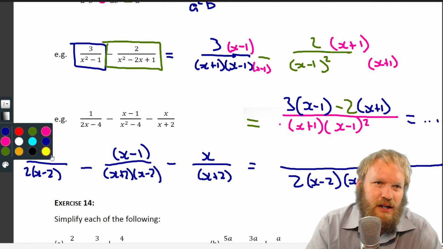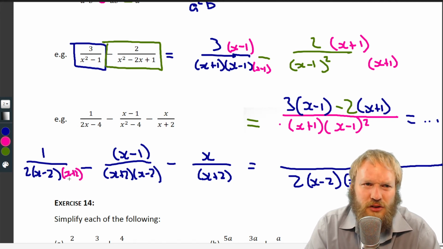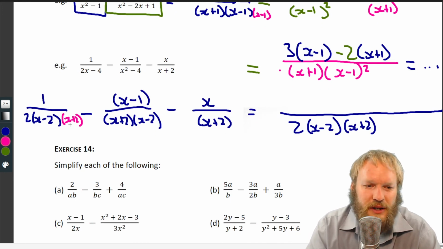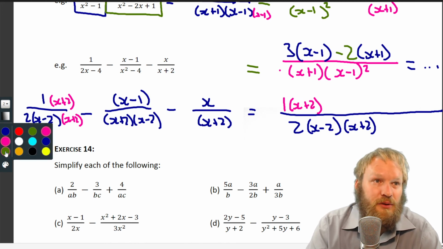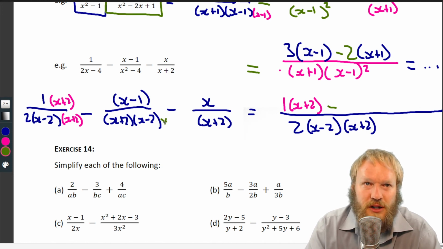So now we kind of go through this and go, okay, well, 2x minus 2, we still need to multiply this by x plus 2. You don't have to write this bit in, but this pinky bit here, I'm just doing it to go, x plus 2, so we must multiply the top by x plus 2. In other words, we've got 1 x plus 2. And then we're going to go along and go, minus. Well, x plus 2, x minus 2, so we still need to multiply this by 2.